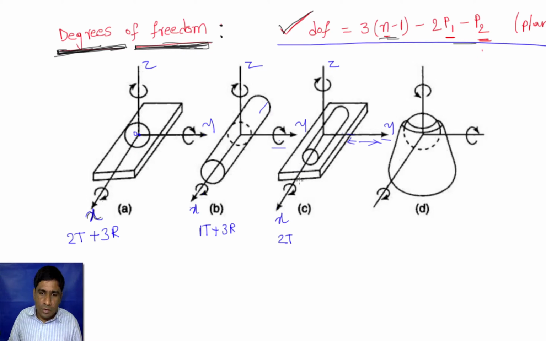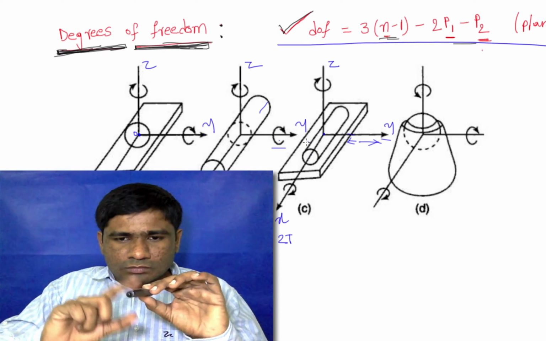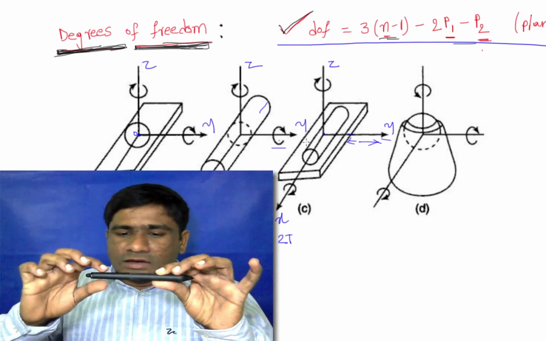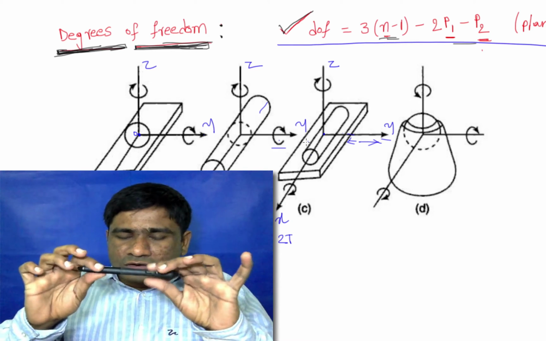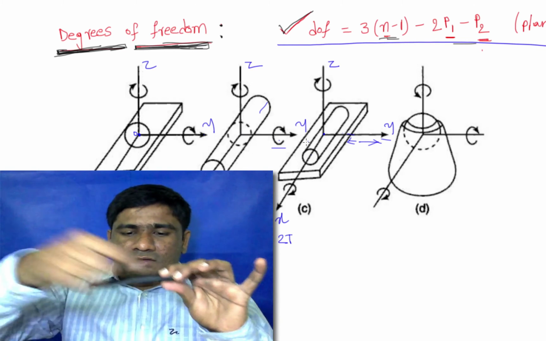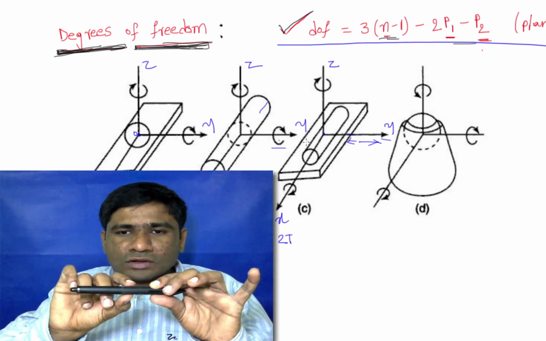And rotations. It can rotate about x. If you consider this is the cylinder and this is the x-axis, it can rotate like this, and this is the y-axis. About the y-axis, can it rotate?